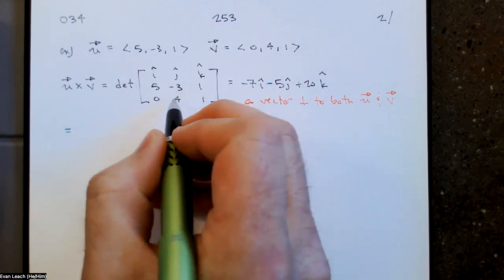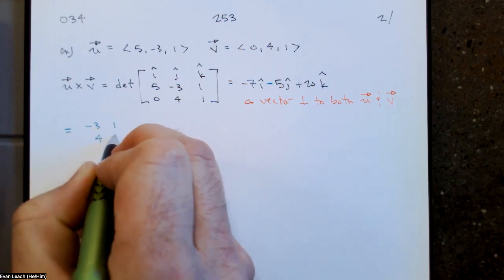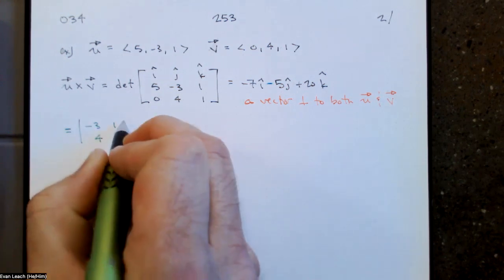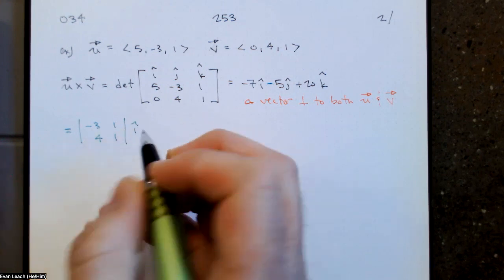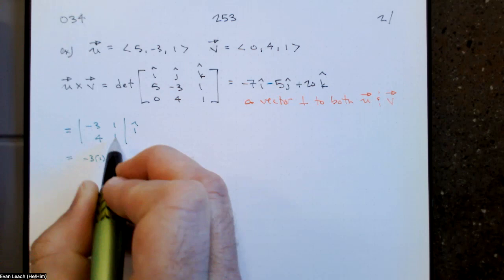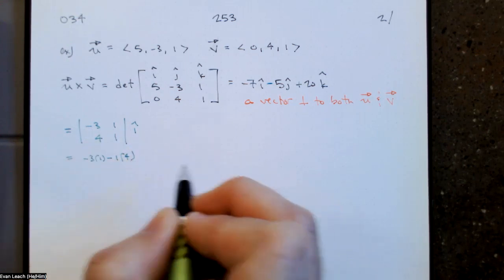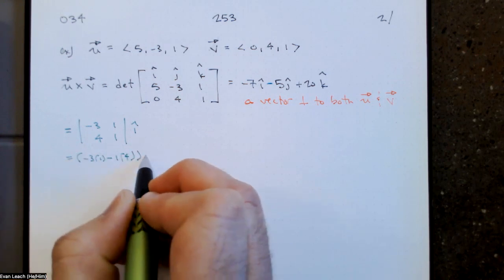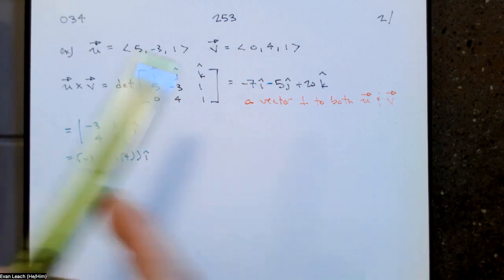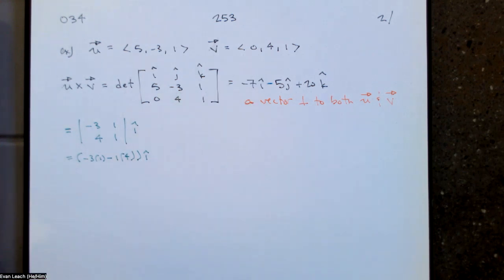Negative 3, 1, 4, 1. And so this is going to be negative 3 times 1 minus 1 times 4. And so there's our negative 7. So negative 3 minus 4, negative 7.